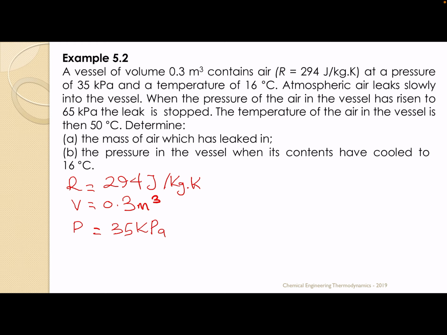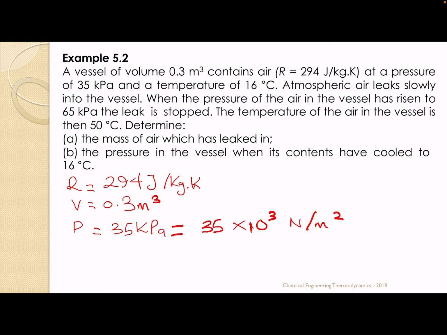And remember what we saw earlier on, once we see our volume in meter cube, the first thing we want to do is convert this into a unit that has meter in it. So our 35 kilopascal becomes 35 times 10 raised to power 3, the 10 raised to power 3 from the kilo, Newton per meter squared.